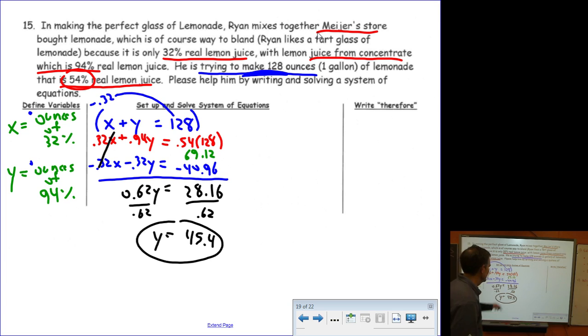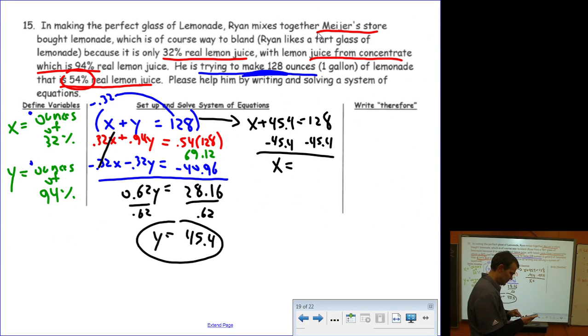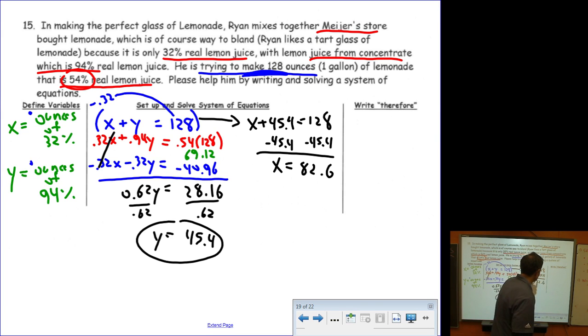So I would then go back and plug it into this one and have x plus 45.4 equals 128. And if I subtract 45.4, 128 minus 45.4 gives me 82.6.